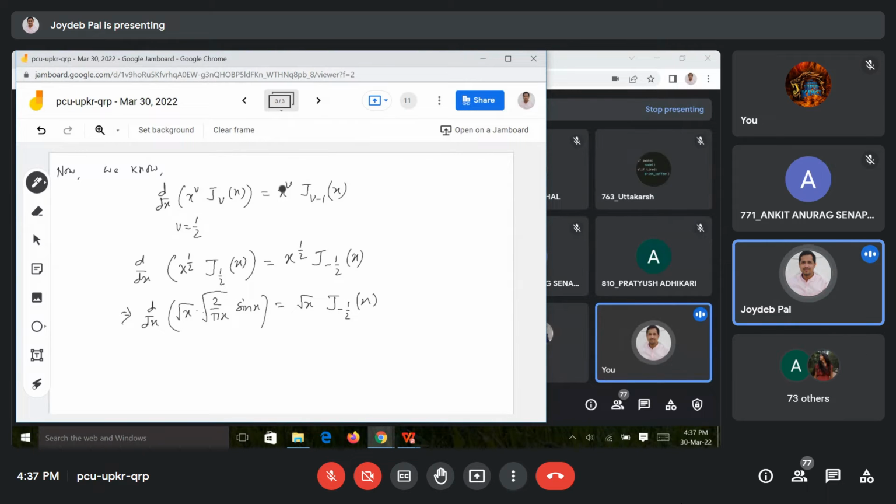Now, that square root of x cancels out, and root under 2 by pi is a constant. Then it is only d dx of sin x. So it will be what? Cos x. Therefore, j minus half will be that, and root x will come to the denominator.